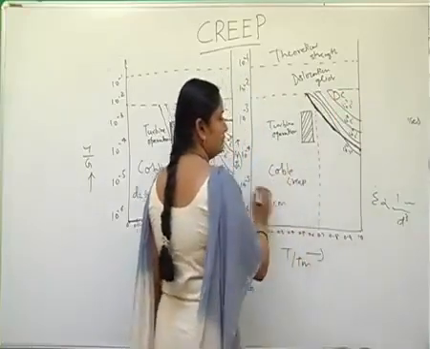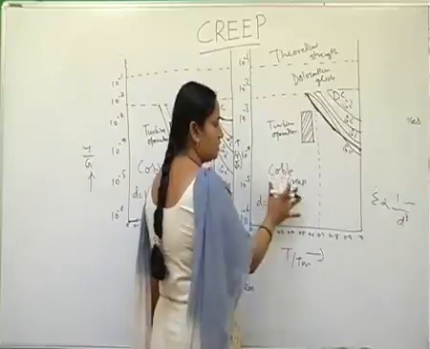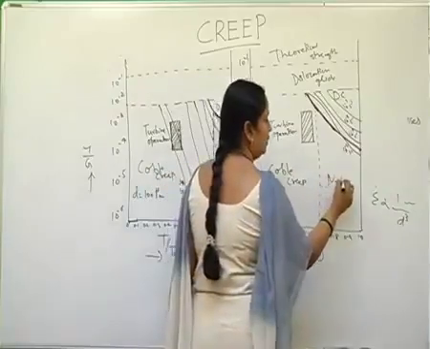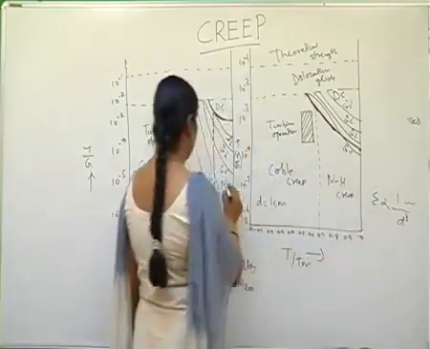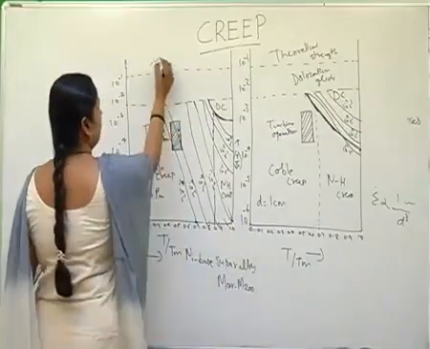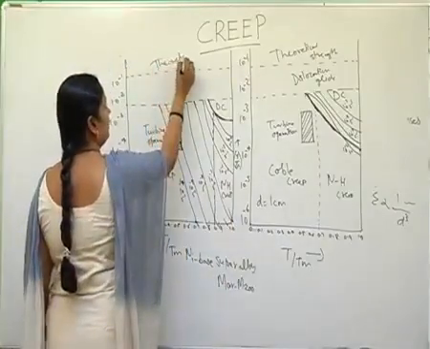And this represents the diffusion creep: Coble creep and Nabarro-Herring creep. So here we have NH creep, Coble creep, and this is the theoretical strength.